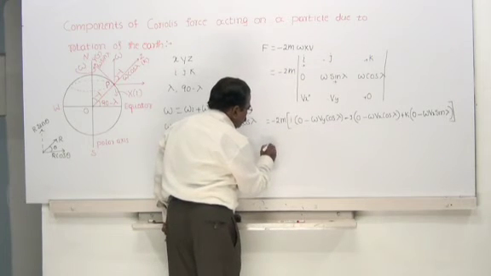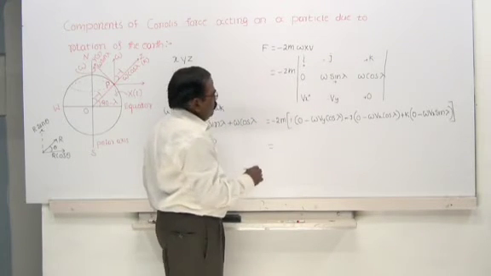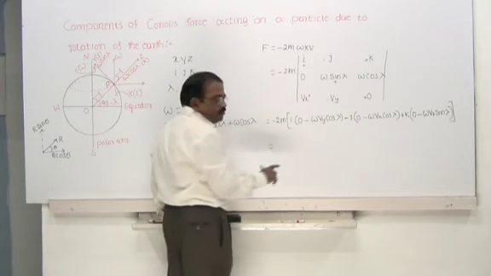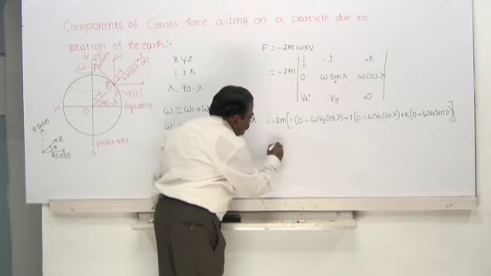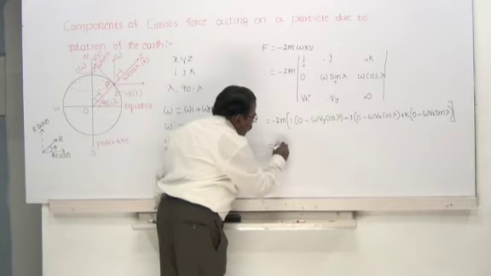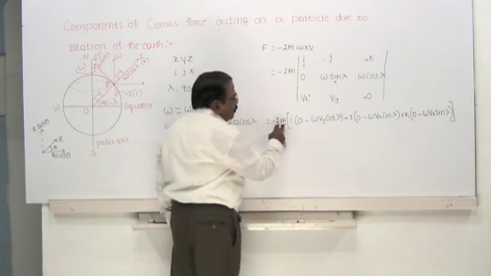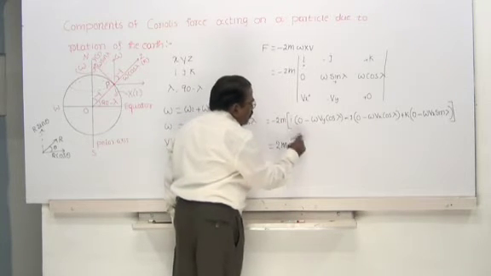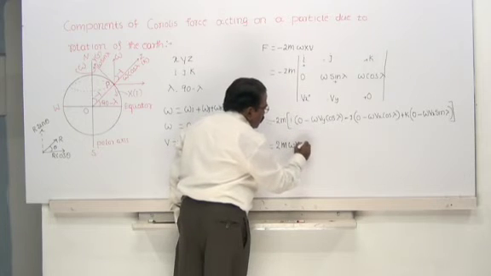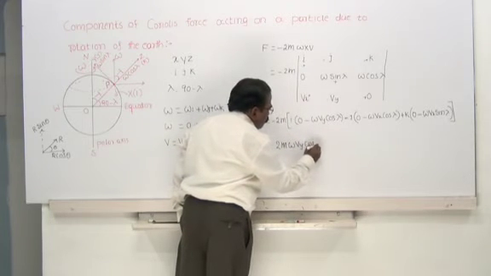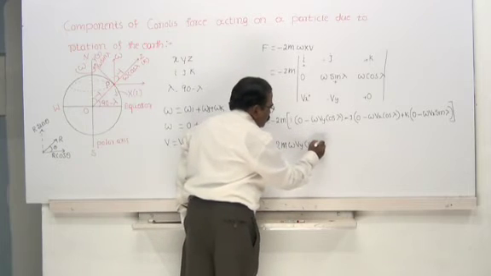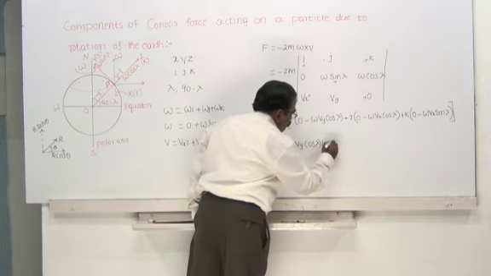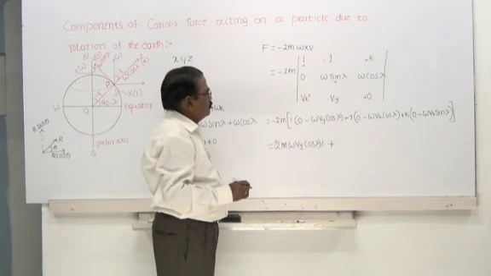All this is, minus of minus is plus. It is 2m omega Vy cos lambda, of course into i. Plus or minus?